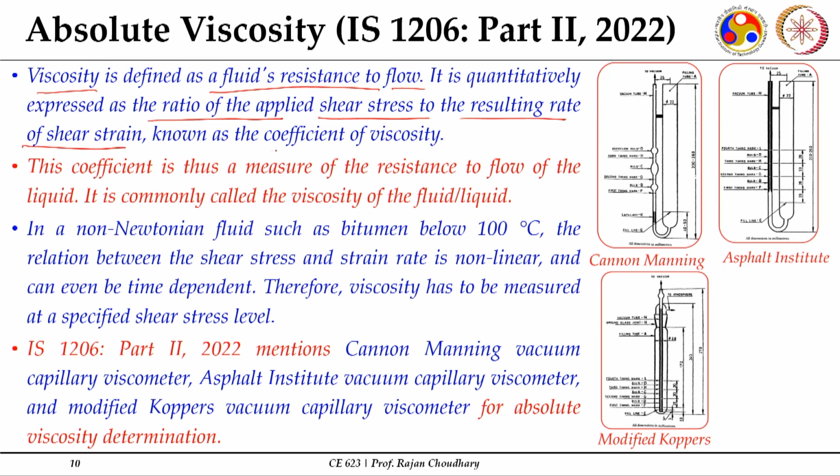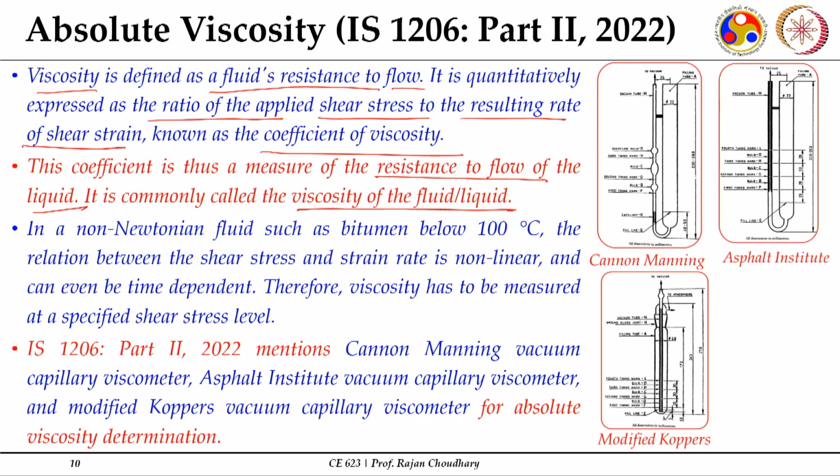So, this is your coefficient of viscosity, which is tau divided by your shear rate. This coefficient is a measure of the resistance of the flow of the liquid and commonly known as viscosity. So, we need to see what is the viscosity so as to get an idea about the fluidity of the binder at a particular temperature.